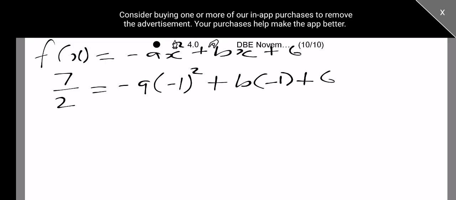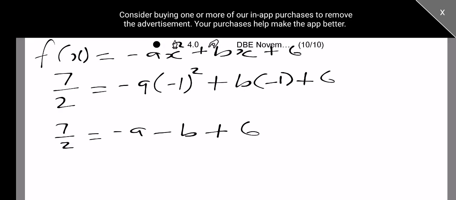Okay, let's simplify. 7/2 equals... (-1) squared is going to give you 1, so it's -a, and -1 times b is going to give you minus b, plus 6.